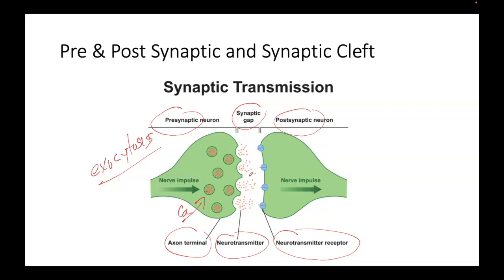Now, some neurotransmitters are excitatory and some are inhibitory. Acetylcholine is excitatory at the neuromuscular junction, but something like GABA, which is gamma-aminobutyric acid, is inhibitory.